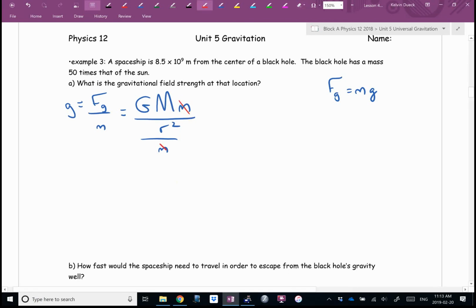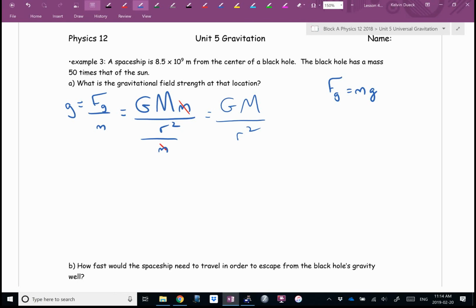This is the equation for gravitational field strength. It's big G, big M over R squared, no little m. I deliberately did not give you this equation on its own. I gave you this one because I want you to realize that gravitational field strength is force divided by mass, because it's also another way to measure acceleration.